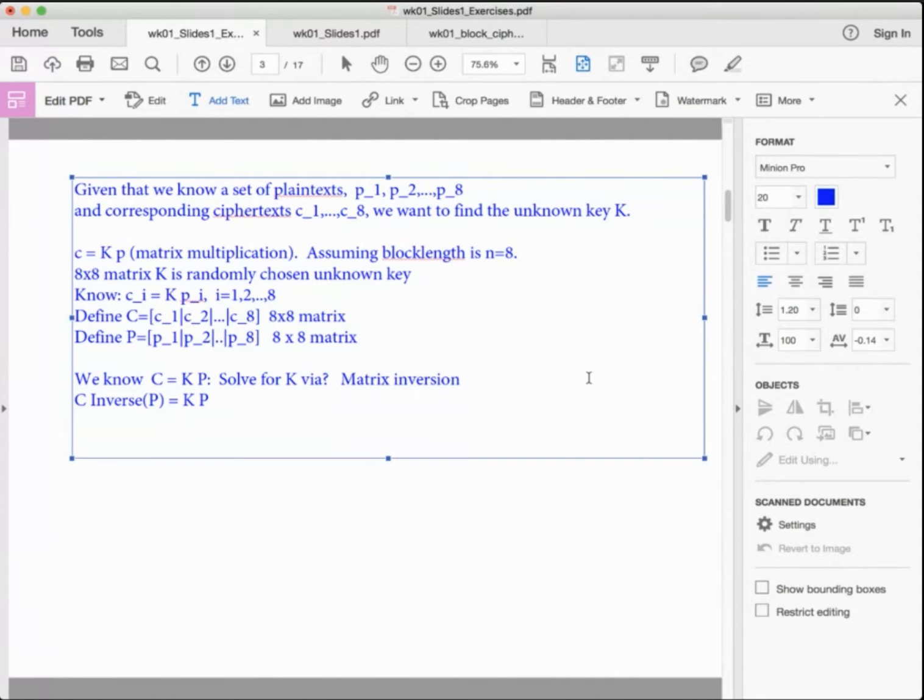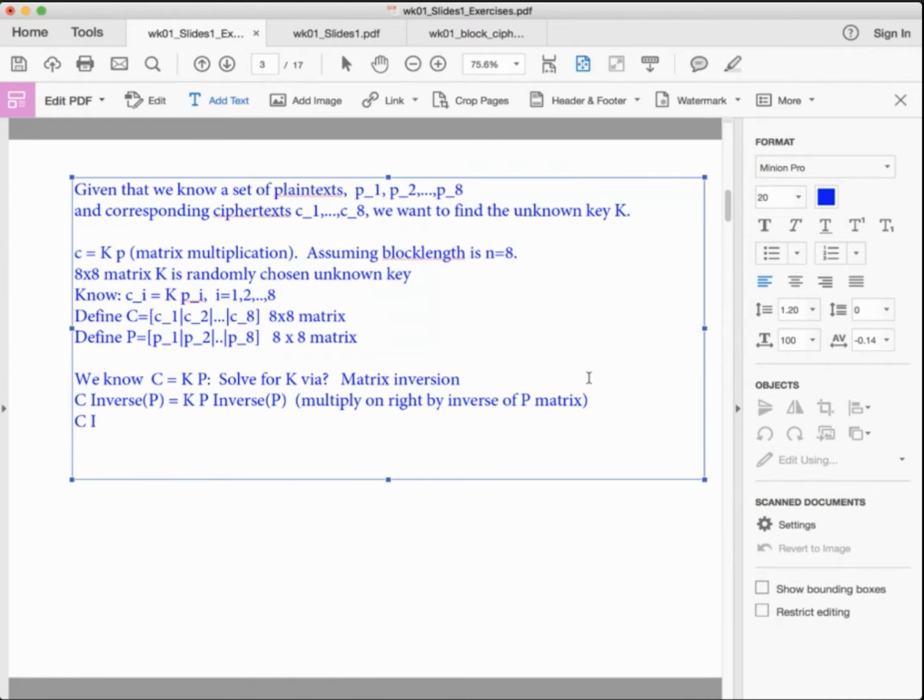C inverse P equals K P inverse P. I multiply on the right by the inverse of the P matrix. That means C inverse P is K times that, which becomes identity, so it is K.